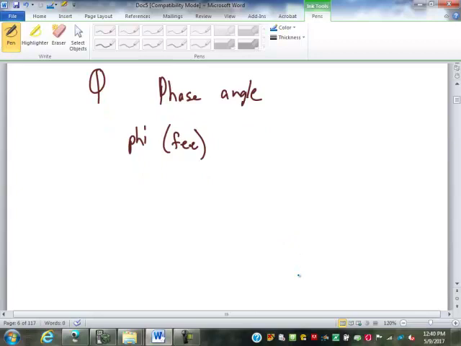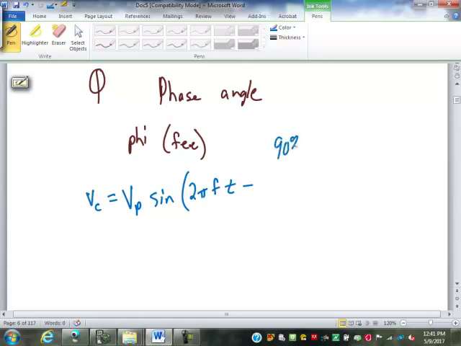So if you're looking at instantaneous voltage on a capacitor, you might be looking at your peak voltage times the sine of your 2 pi f t minus, now 90 degrees has to be put as radians. So it's going to be minus pi over 2, the equivalent of 90 degrees. Remember, these angles have to be in radians to make them work.